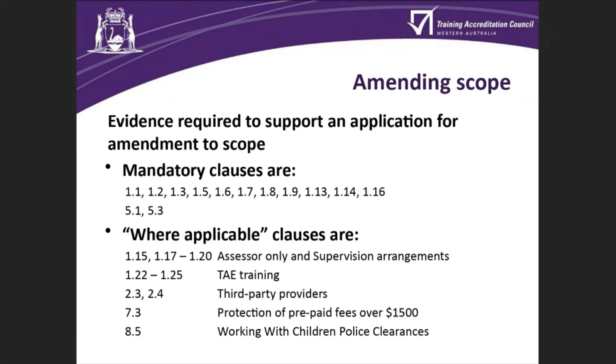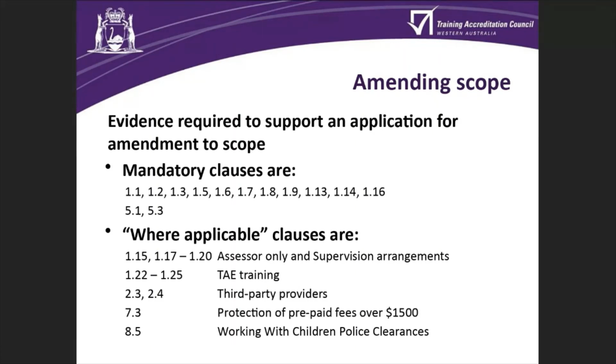It may be, if you've got multiple cohorts, that you'll have multiple training assessment strategy documents. And I refer you to a previous webinar on training and assessment strategies that talks about that particular issue. You need to be able to show under 1.3 that you have access to the resources you need, that is the personnel, the student support services, the training and assessment resources, and facilities and equipment.